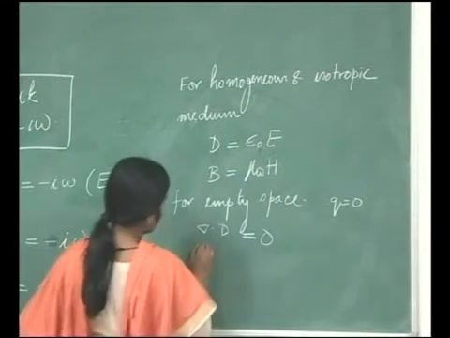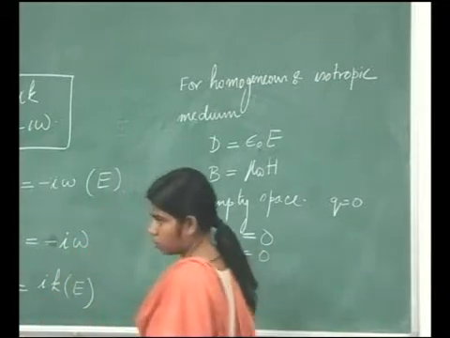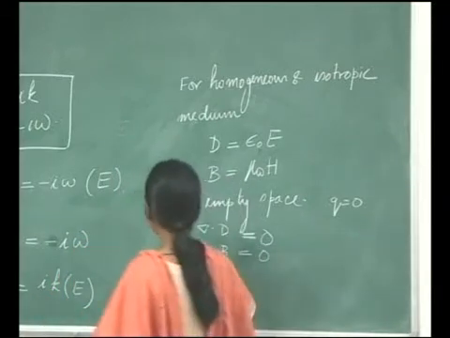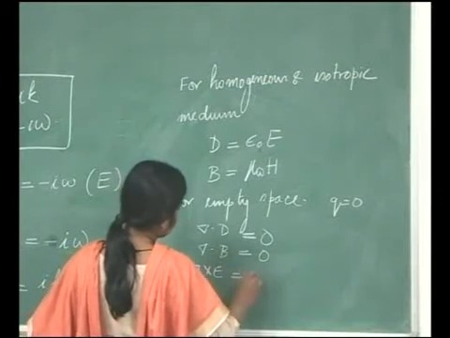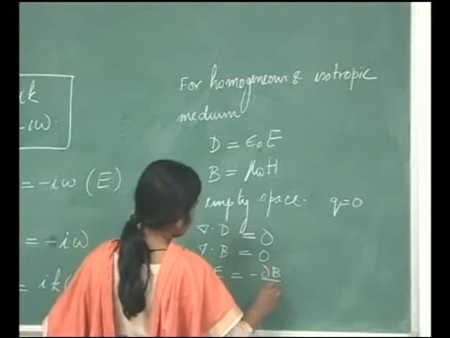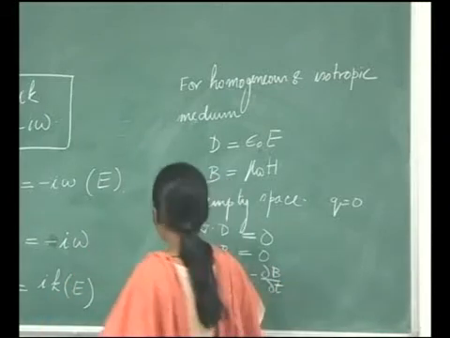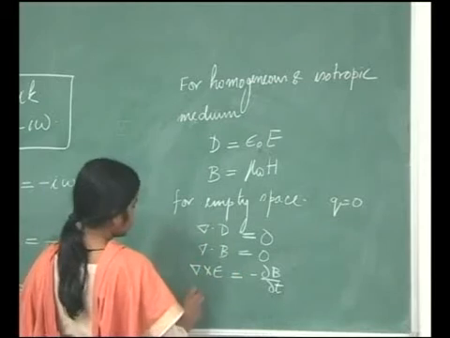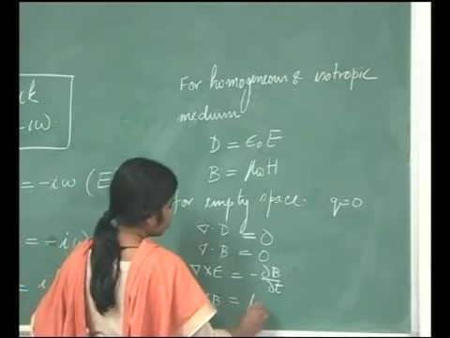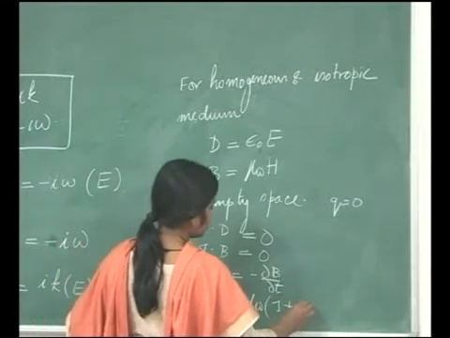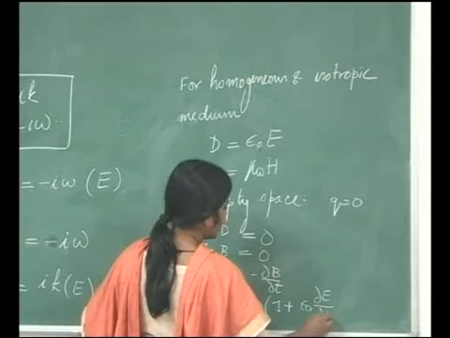The second equation is del dot B is equal to 0. The third is del cross E is equal to minus dB by dt. And the fourth equation is del cross B is equal to mu naught J plus epsilon naught del E by del t.